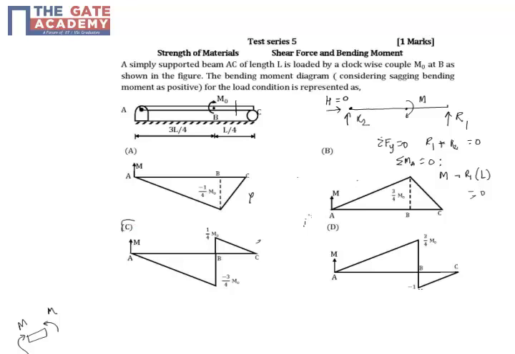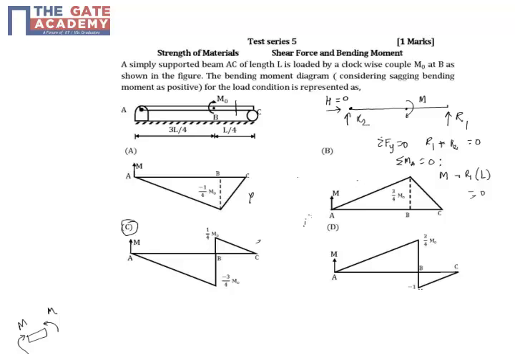Just to confirm, we also look at the other part. C and D are almost similar, but BC has to be drawn upward. That's why it's mentioned that sagging bending moment is positive, so that line is very important. Otherwise, going by the quantities, C and D have the same bending moment at each cross section.